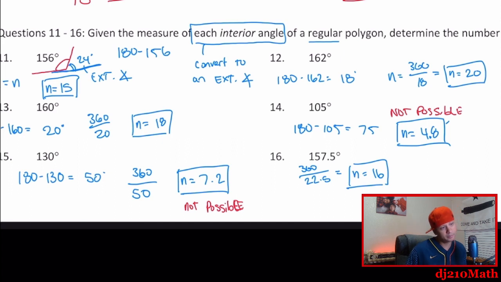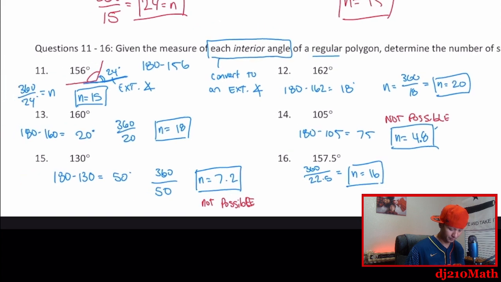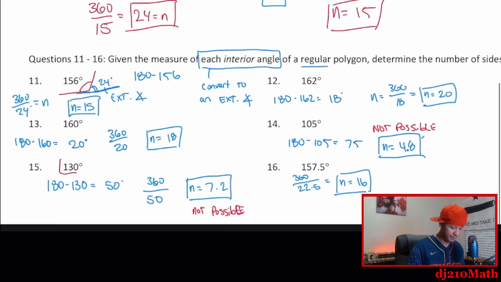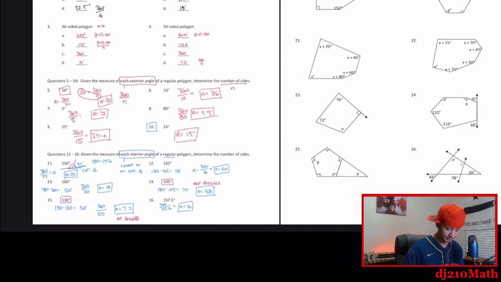It's only when the sides work out to a clean whole integer are these possible. So when you get n equals a decimal, any kind of decimal, it's not possible. You can't have a regular polygon that has this interior angle. Is what this is saying. Just like 105, can't be done. Cannot.